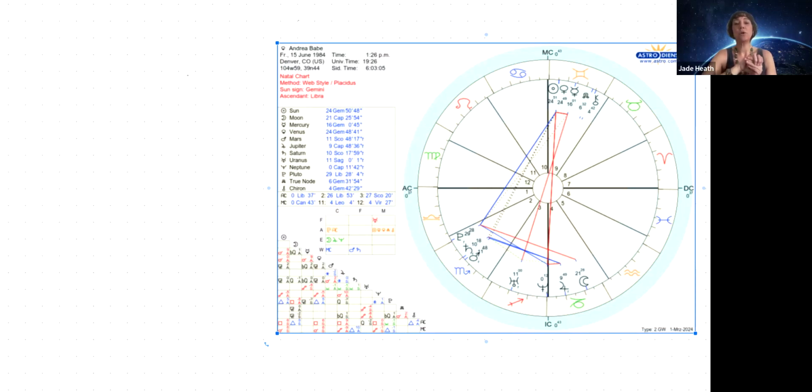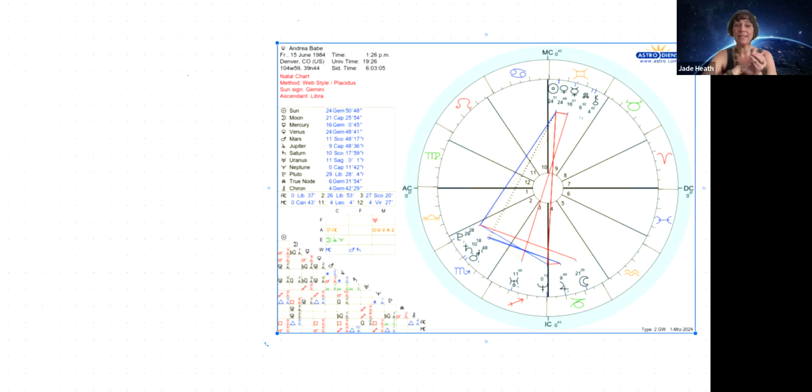So Taurus is a fixed sign. Taurus is an earth sign. So we have Taurus, Virgo, and Capricorn. Taurus is fixed, Virgo is mutable, and Capricorn is cardinal.